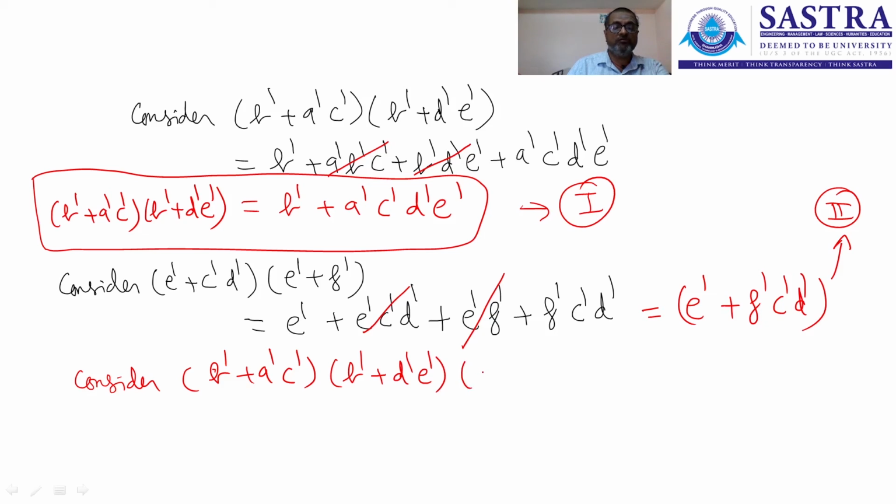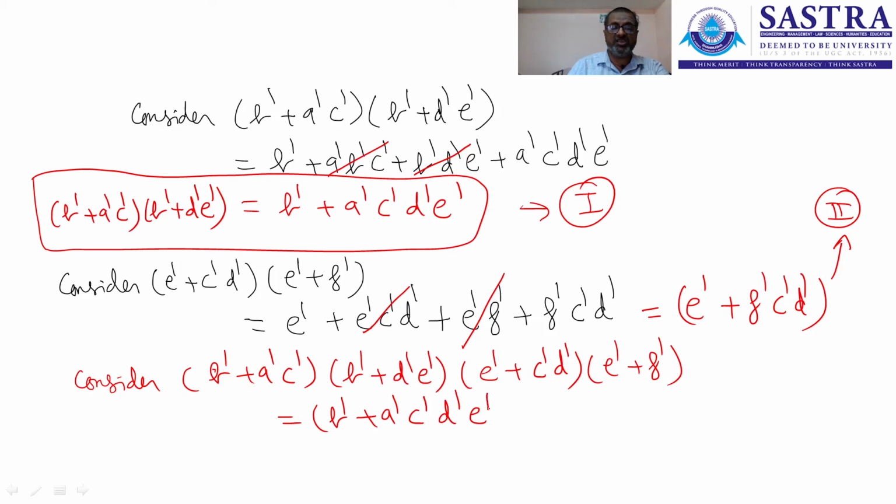This would give you (B' + A'C'D'E') and this gives you (E' + F'C'D'). Now I'll multiply these two.